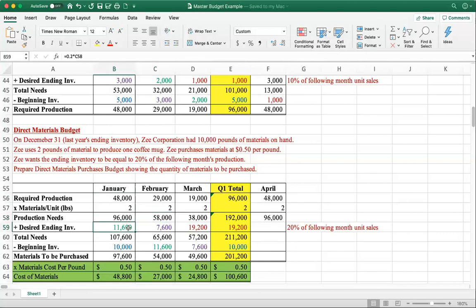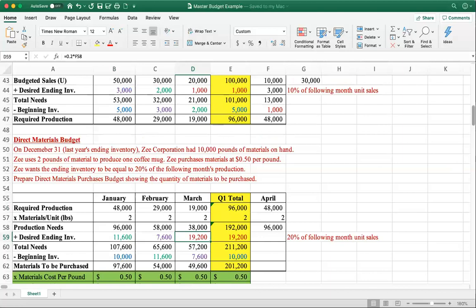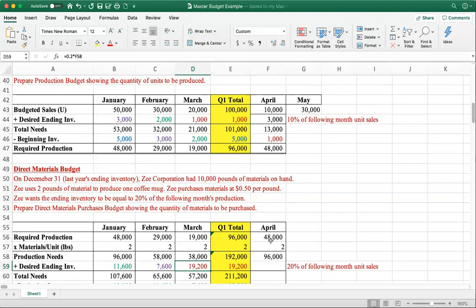All right, so 0.2 or 20%. Okay, and then 7,600 is the 20% of 38,000, and then 19,200 is the 20% of 96,000, which is April. And that's why we needed the extra column, because this 48,000 in April is coming from right here.